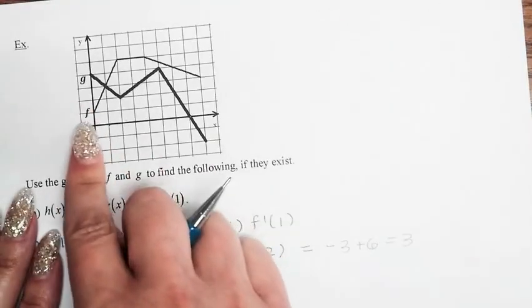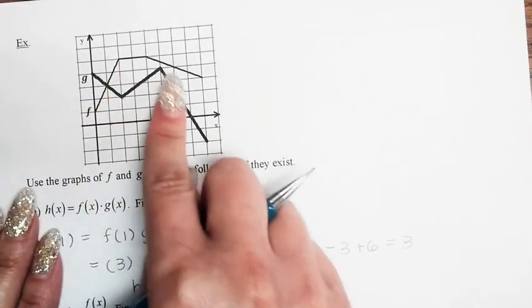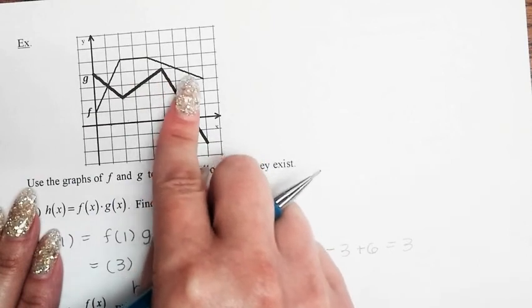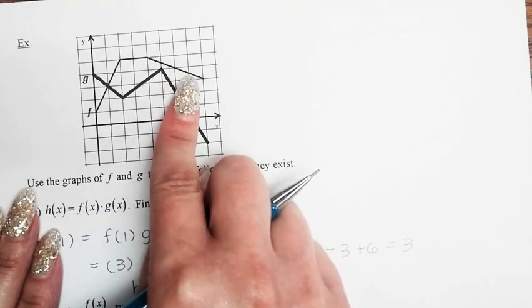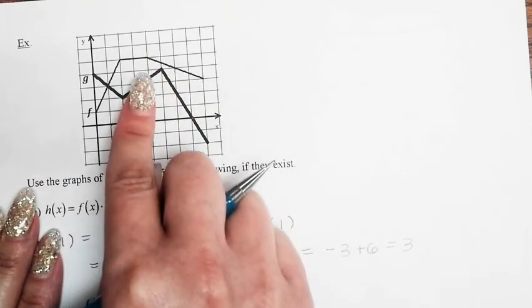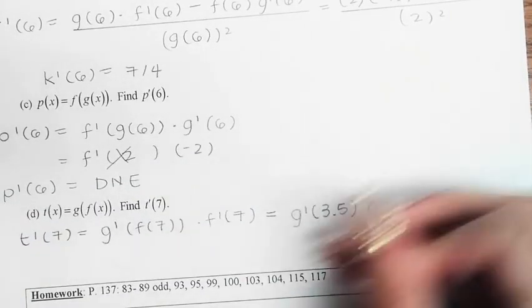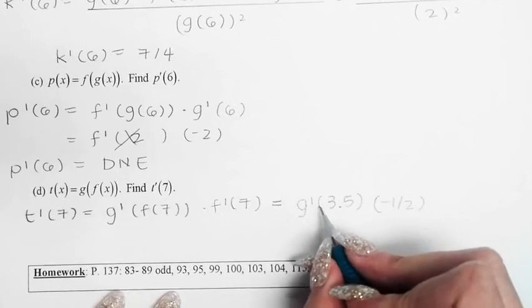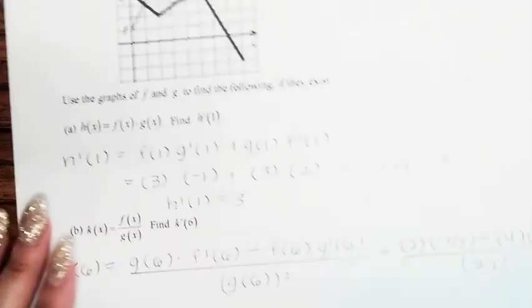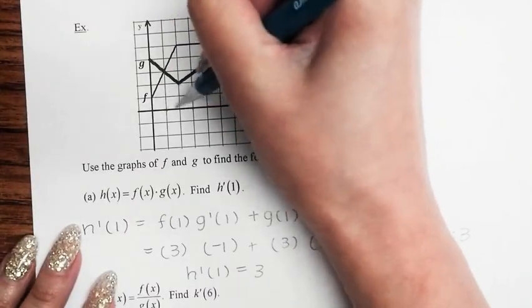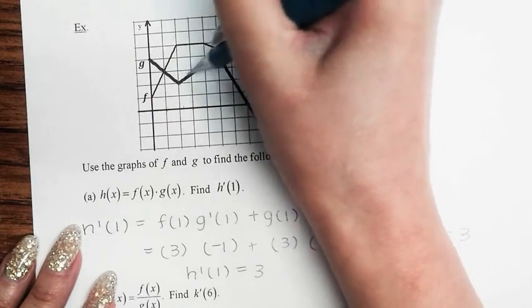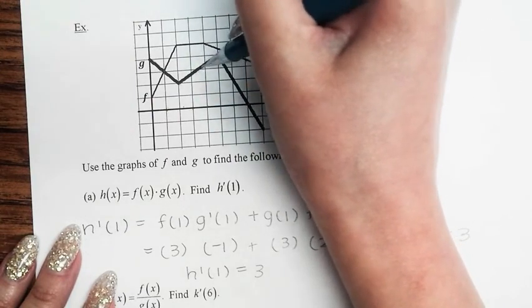So the slope of f at 7 is going to be pretty much this chunk, which you do know is going to be negative 1/2. So we have this. After that, we want the slope of g at 3.5. So 1, 2, 3, and 0.5 is going to be this piece that is increasing.